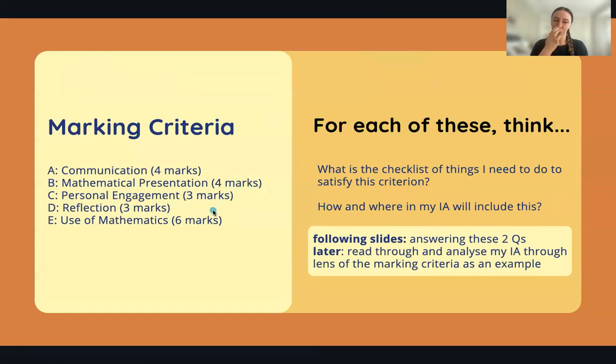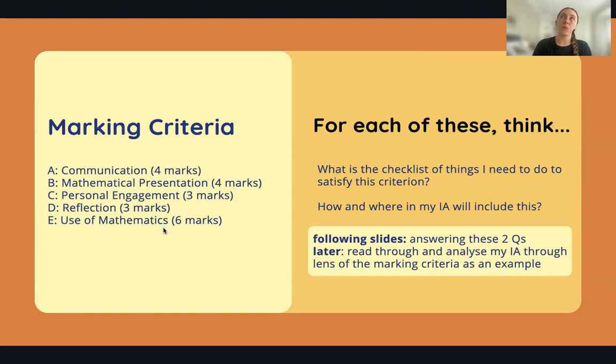So even if you got very low marks in your use of mathematics, if you manage to make your working coherent and logical, if you use the correct formatting and presentation, and you gave all of the definitions of the mathematical terms that you were using, if you showed personal interest and also had an interesting approach to it, and if you made sure that you reflected on what you were doing throughout, then you would still get a really great mark overall, even if you got a low mark in the use of mathematics.